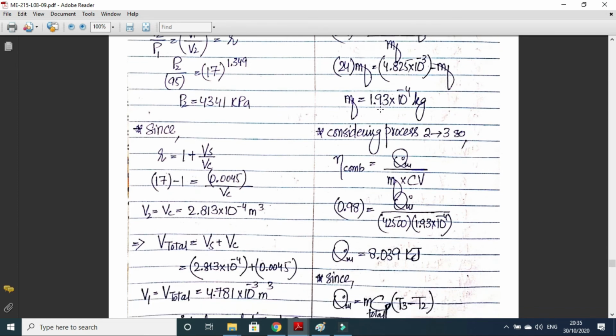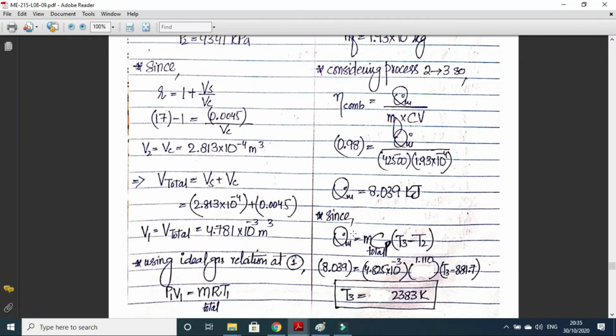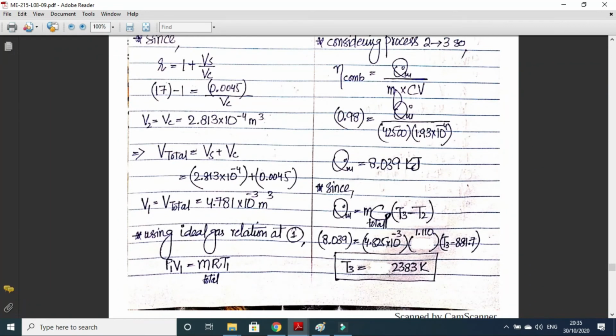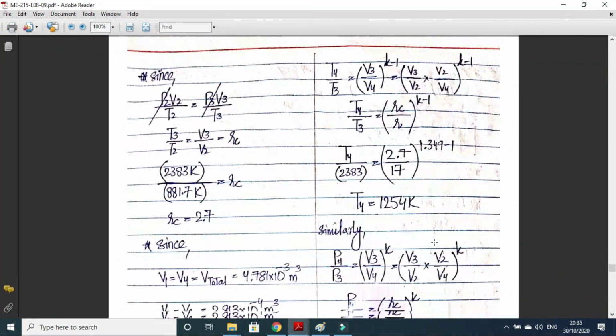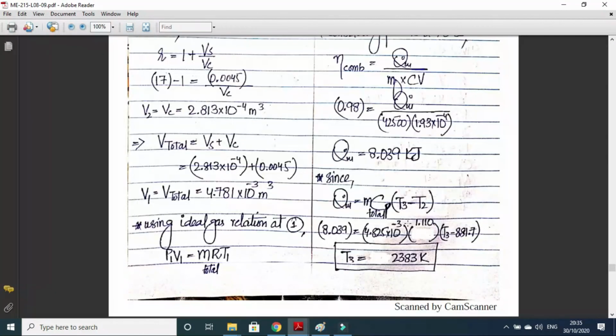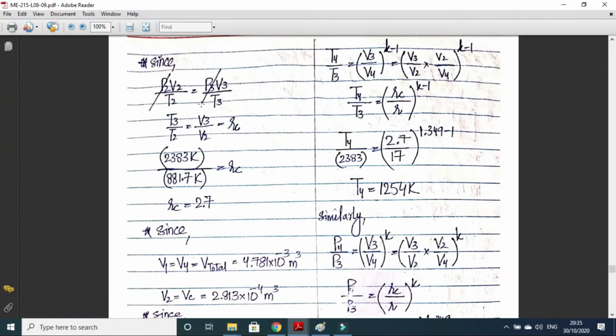So mf we just calculated, Cv was given, so Qin is coming out to be 8.039 kilojoule. Qin is known. Once Qin is known, T2 is known, T3 is coming out to be 2383 Kelvin, Cp is 1.110.